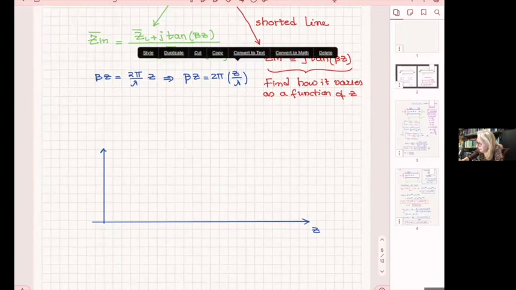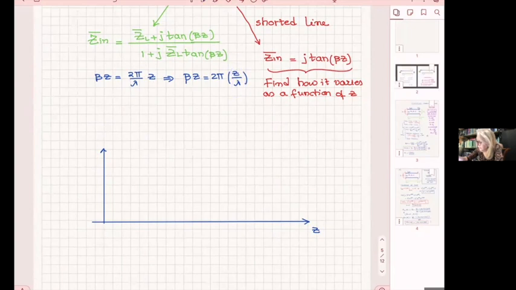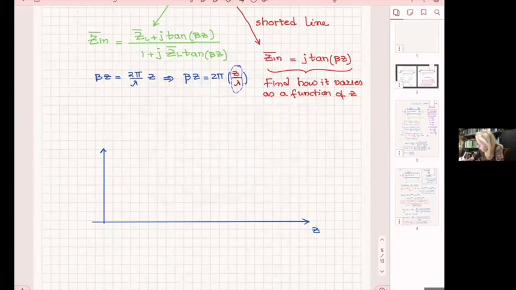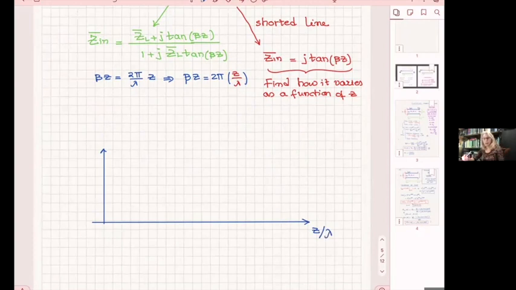And let me see. I will put this in red, so you remember it. As a function of lambda. So always when you plot Z, you're going to think of this as a function of lambda. Very few times in the beginning, maybe I'll give you Z in physical length dimensions.